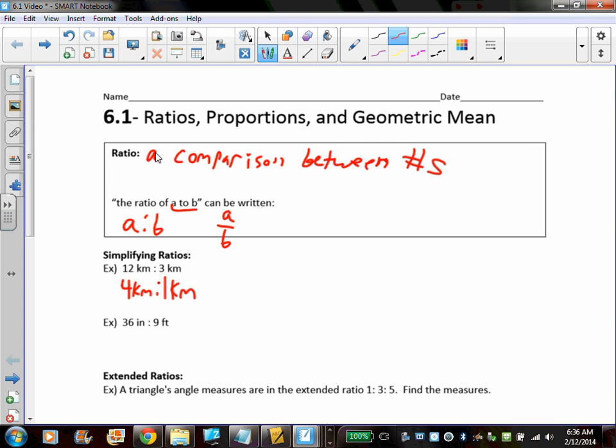So we can divide both of these by 9. 36 divided by 9 is 4, so we get 4 inches for every 1 foot. That's not to say that there are 4 inches in a foot, but maybe for a scale, if we go 4 inches on the scale, we've gone 1 foot in real life, which means that the scale is about 1/3 the size of the real thing.